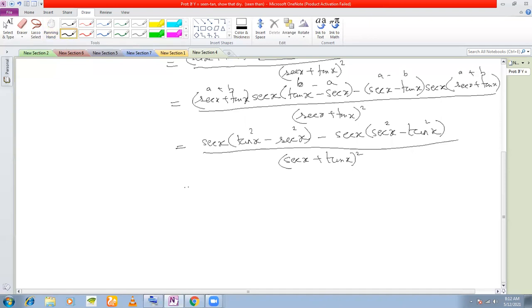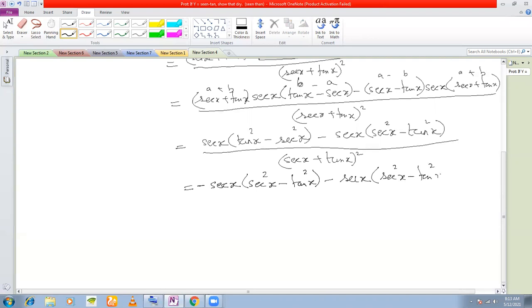Now here you can take a minus sign common. So you get sec x into sec square x minus tan square x, minus sec x. Now they can write this as sec square x minus tan square x.